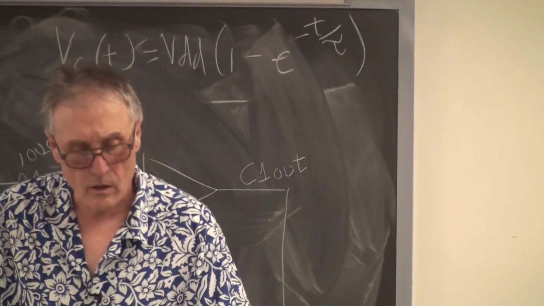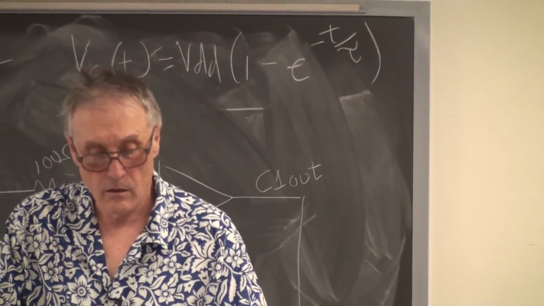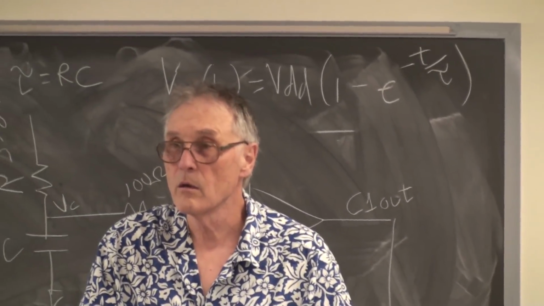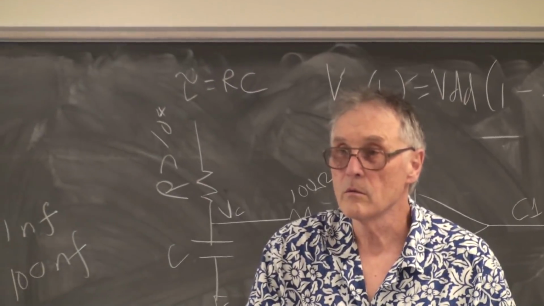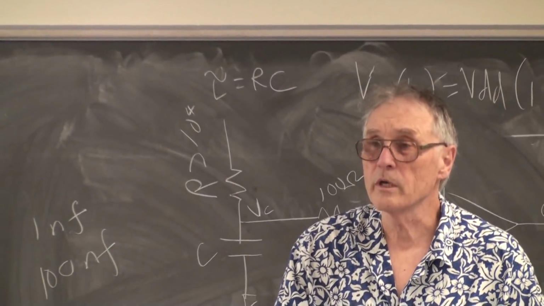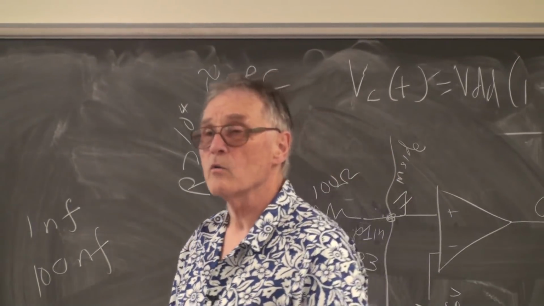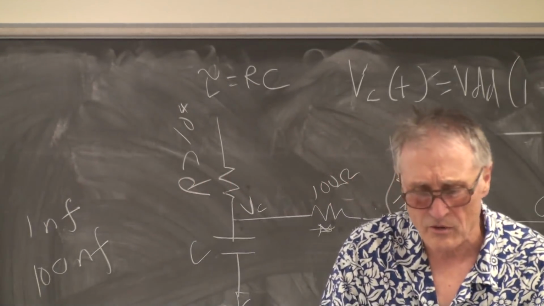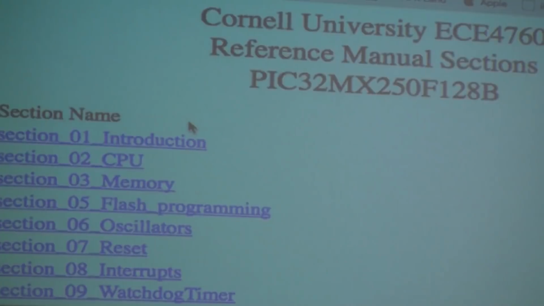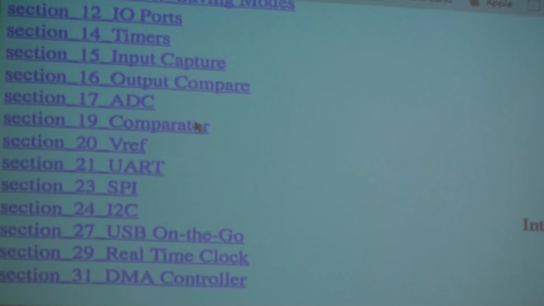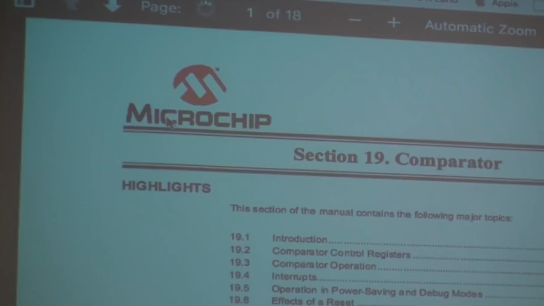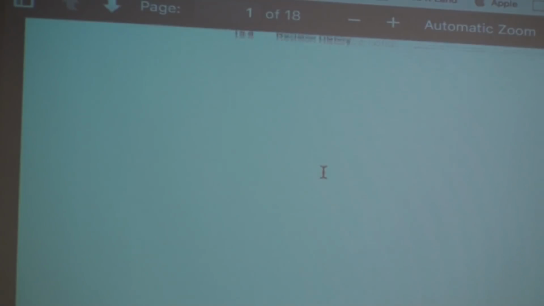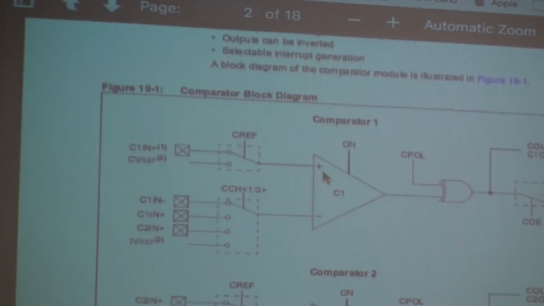Question? Yeah. So, all right, so you told us that the signal name was IC1, for example, but in the real world, how would we know that? You would look at the hardware reference manual. So let's go look at the hardware reference manual for the comparator. Okay, hardware manual sections. Comparator. Introduction, probably.